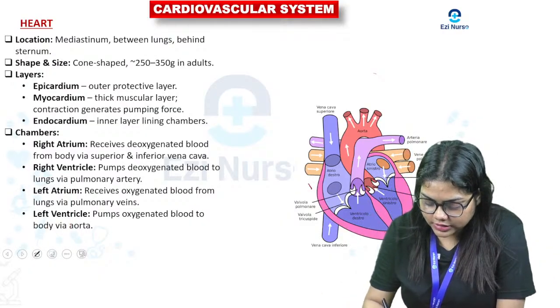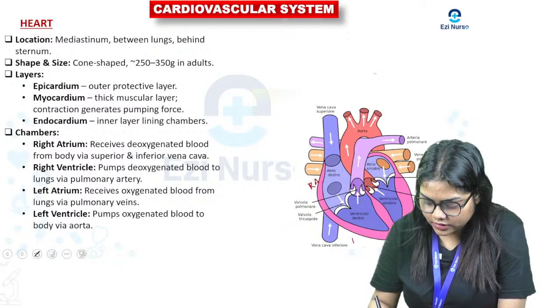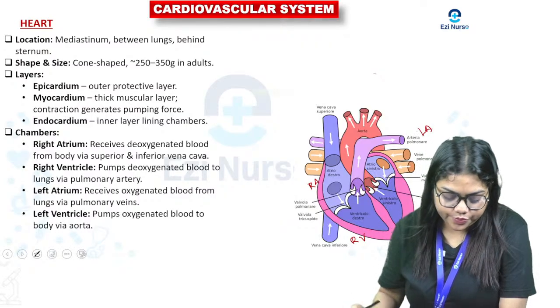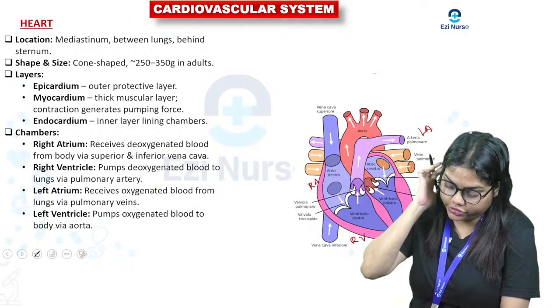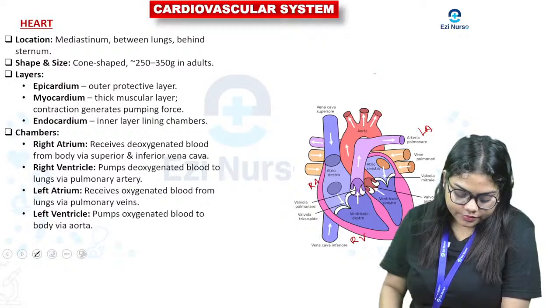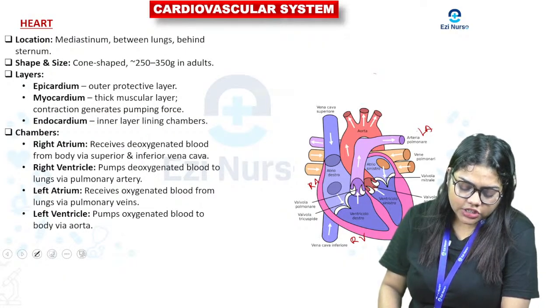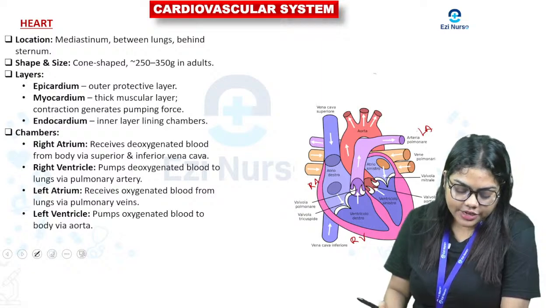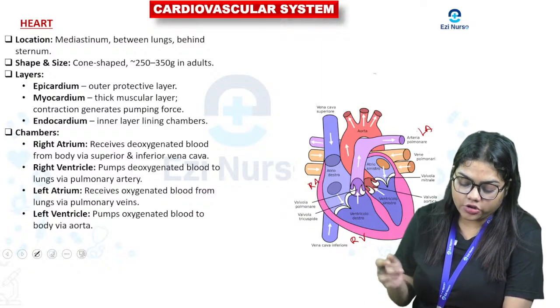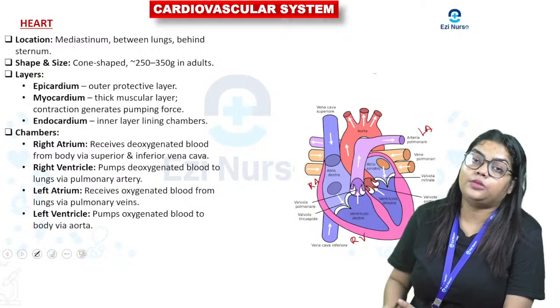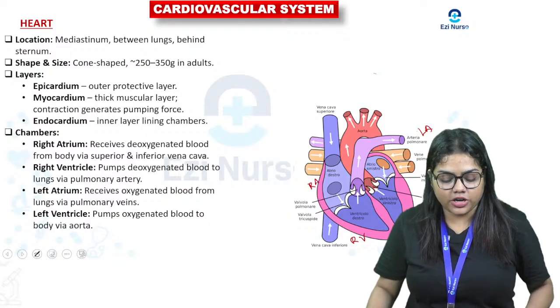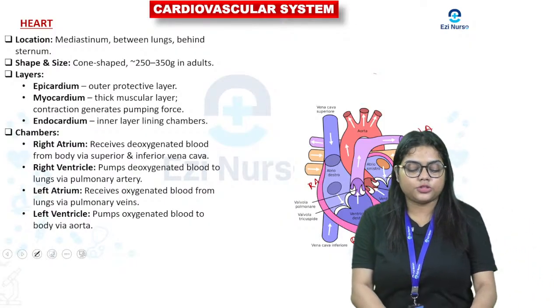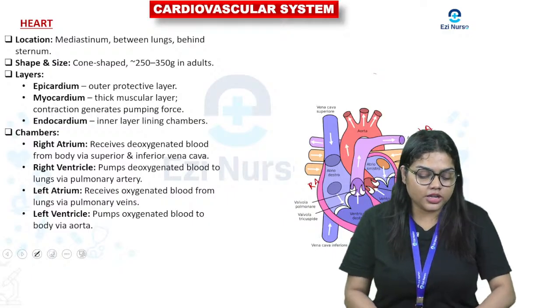The right atrium will receive the deoxygenated blood via the superior and inferior vena cava and push it to the ventricle. The right ventricle will pump the deoxygenated blood to the lungs via the pulmonary artery. The left atrium will receive the oxygenated blood from the lungs via the pulmonary veins, and the left ventricle lastly will pump the oxygenated blood to the body via the aorta.